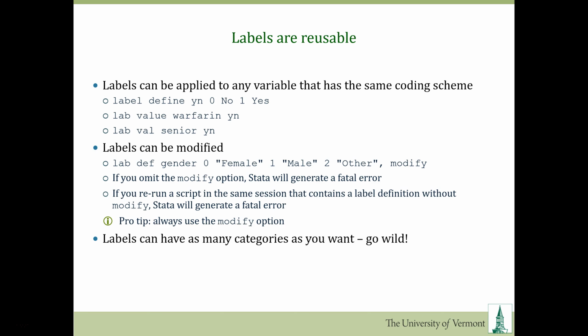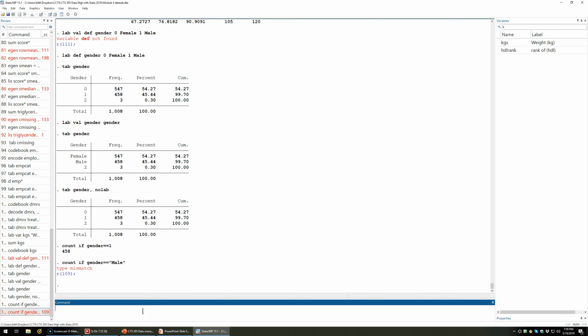Now, labels are reusable. So let's define a new one. Let's do label define yes, no, where 0 is no and 1 is yes.